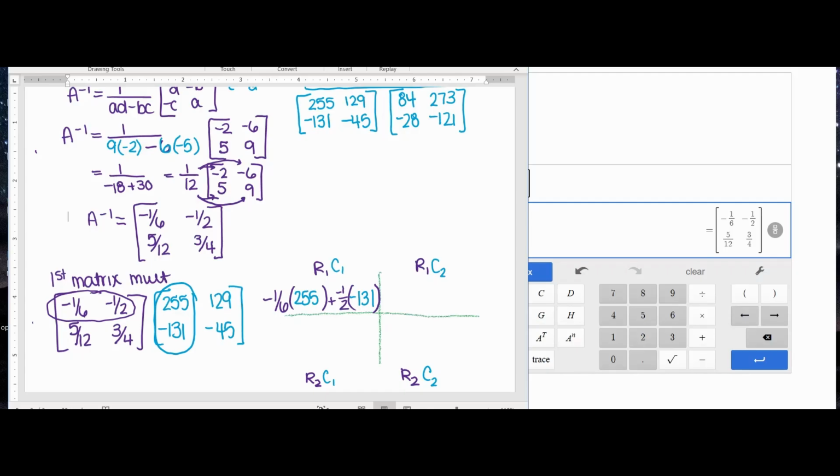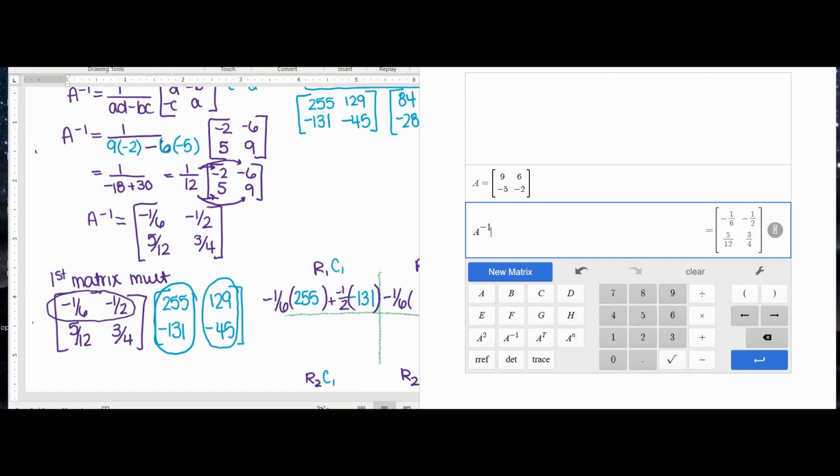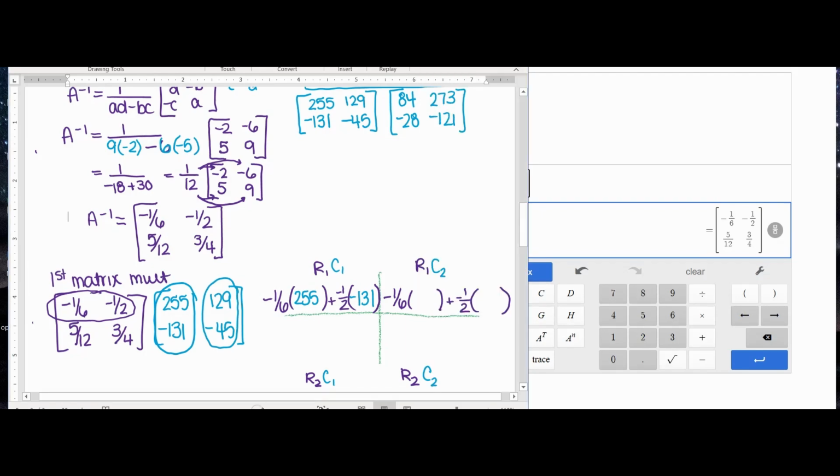And then we are going to take row 1, the negative 1/6 times something, plus negative 1/2 times something, times our second column, which is 129 and negative 45.